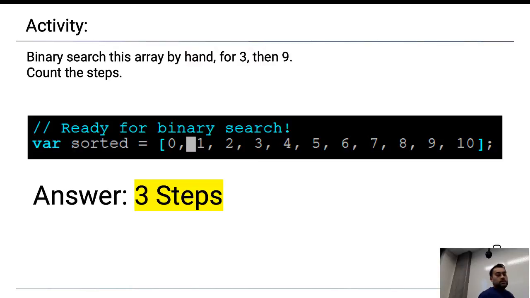Now, the next slide basically says this has 11 elements, right? If you add 10 more to it and you're still trying to find number 3, how many steps will that take? This time the array stops at 10. Let's suppose you add 10 more. Again, just imagine, it can be like 4 or 5, it doesn't have to be exact.